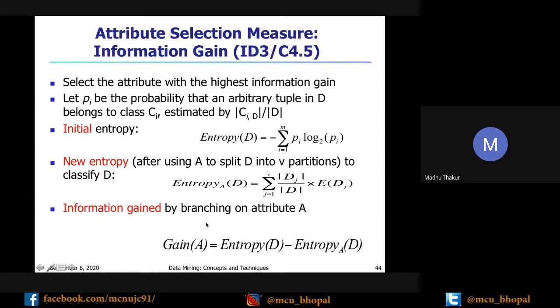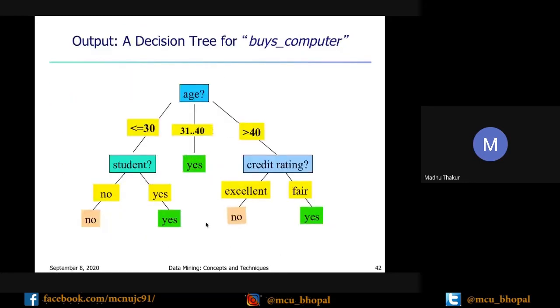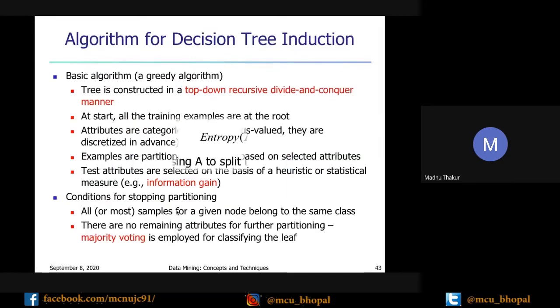The attribute having the highest gain is chosen for splitting and becomes a node of the tree. First we got age, second, for the case age less than 30, we got student having the higher information gain, but for greater than 40, credit rating was higher. In this way we can split the tree.